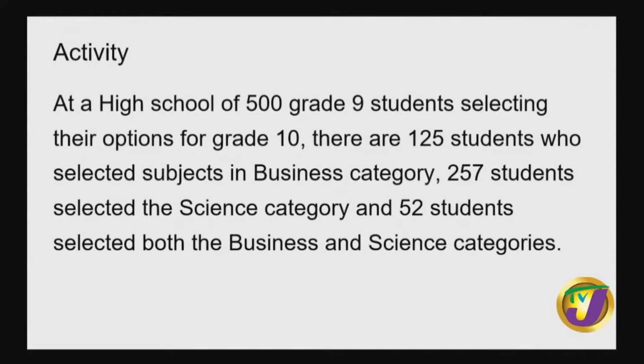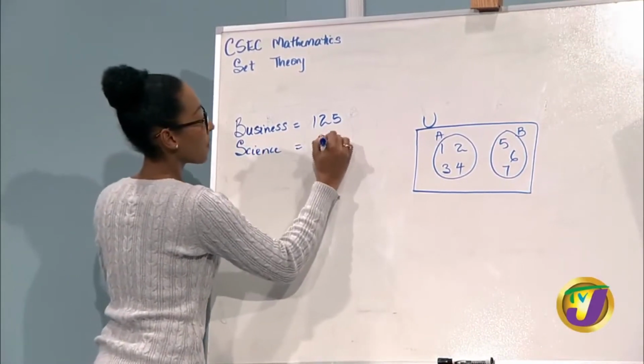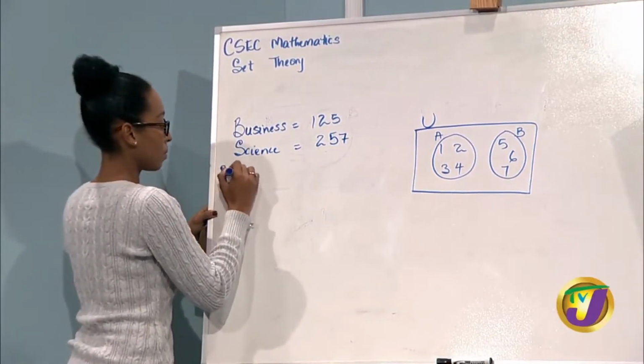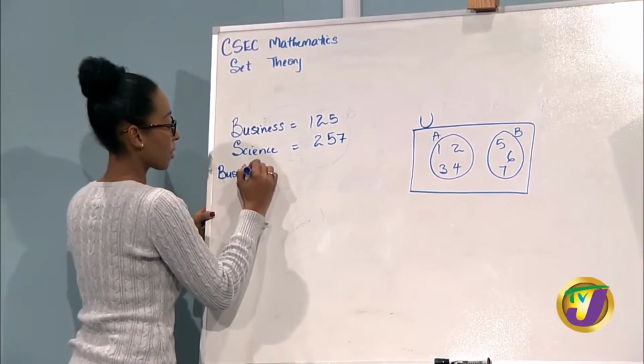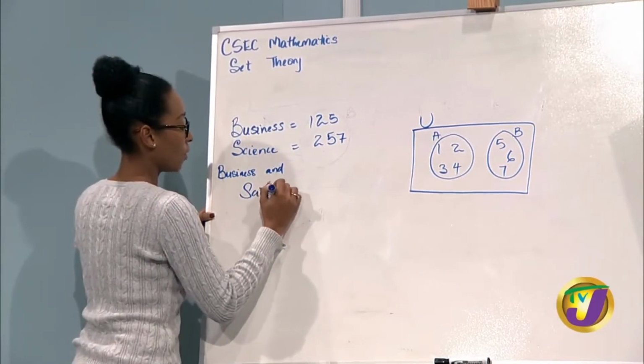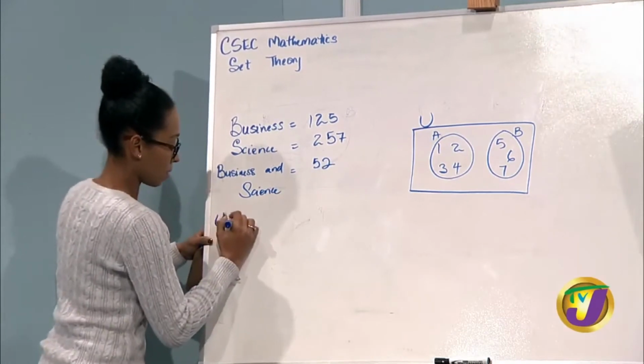Right, so business would have been 125. Science would have been 257. And both subjects would have been 52. And the entire high school group that they're looking at is 500.